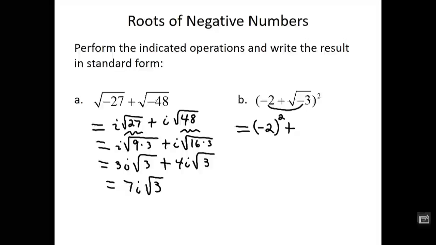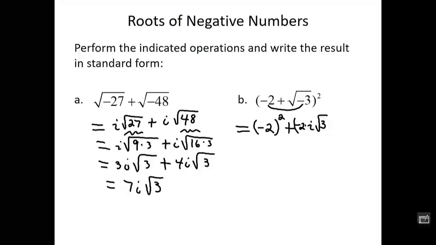Let's deal with the square root of negative 3. We said that the square root of negative 3 is going to be i times the square root of 3. So if I multiply this by negative 2, I have negative 2 times i times the square root of 3.